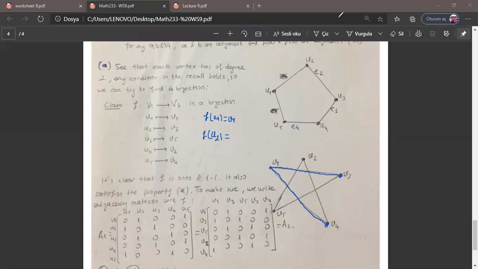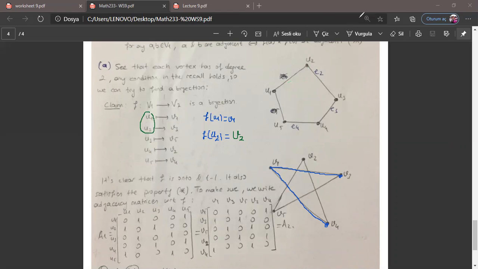So for example, if we pick V2, then we see U1 and U2 are neighbors here, and f of U1 is V1, f of U2 will be V2, and they are not neighbors. So the function f will not satisfy that property, so we cannot choose V2, okay?